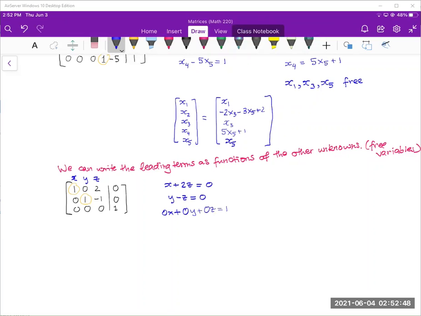This last equation, let me write it out a little bit more fully. 0 times x is 0, 0 times y is 0, 0 times z is 0. So what this boils down to is just the statement that 0 equals 1. Well, that's not true.